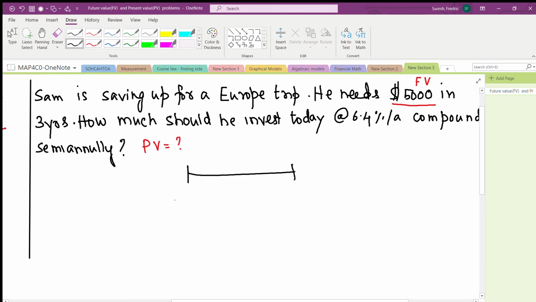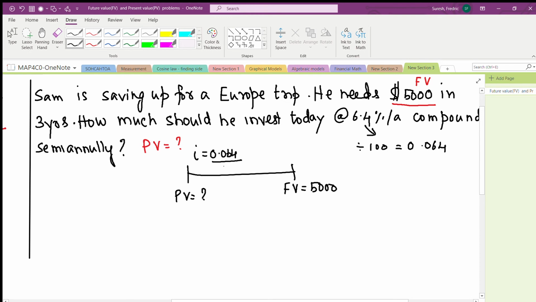So the present value is what, when the future value is 5,000 bucks? And for the interest rate, we have to change this to a decimal first before we plug that in. You have to divide this number by 100, and 6.4 divided by 100 will give you 0.064.